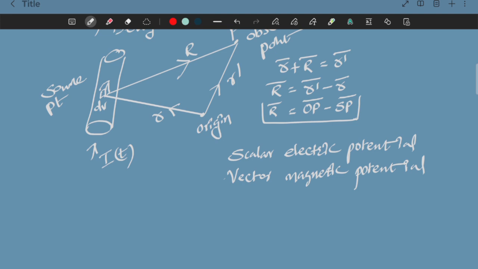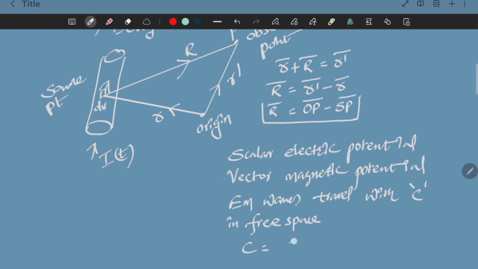The source is, for example, available at t is equal to 0 seconds. But the response at the observation point will not be available instantly. It will take certain time. What is the reason for this? The electromagnetic waves travel with light velocity in free space.